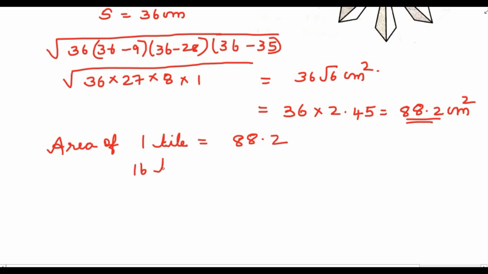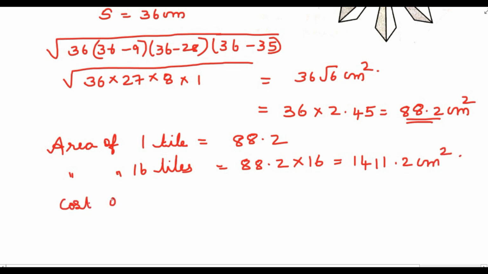So the area of 16 tiles will be 88.2 into 16, which is equal to 1411.2 centimeters square.